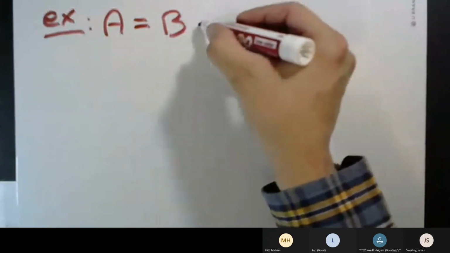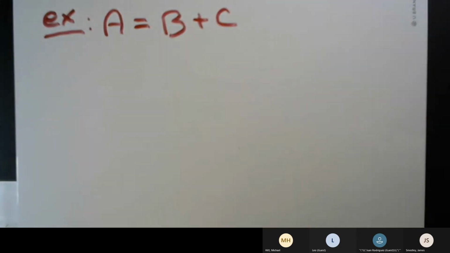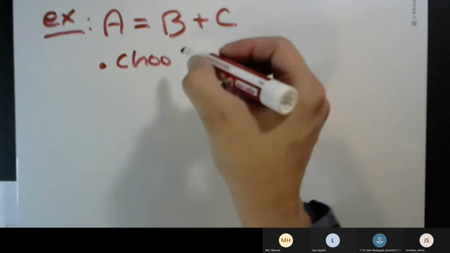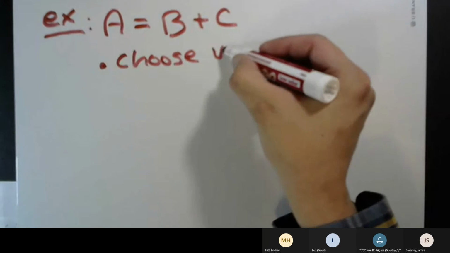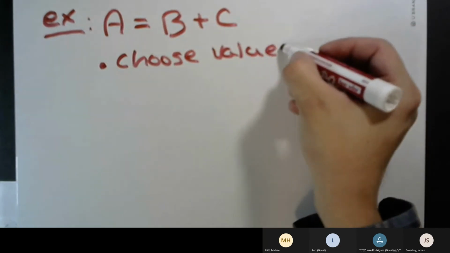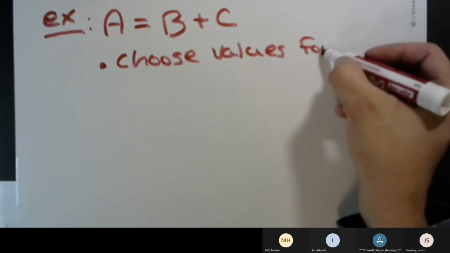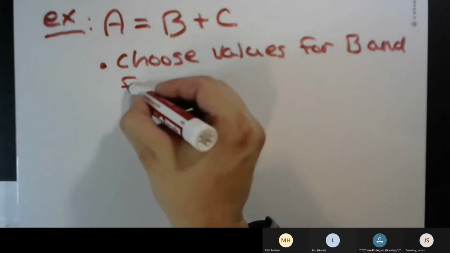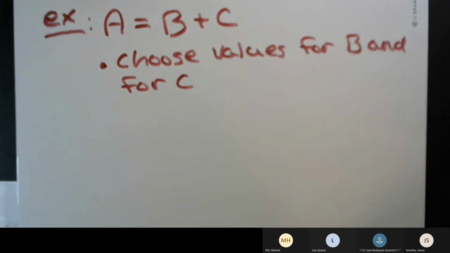A equals B plus C. So what we need to do here is this. First, choose values for B and for C. So you've got to choose those values first.